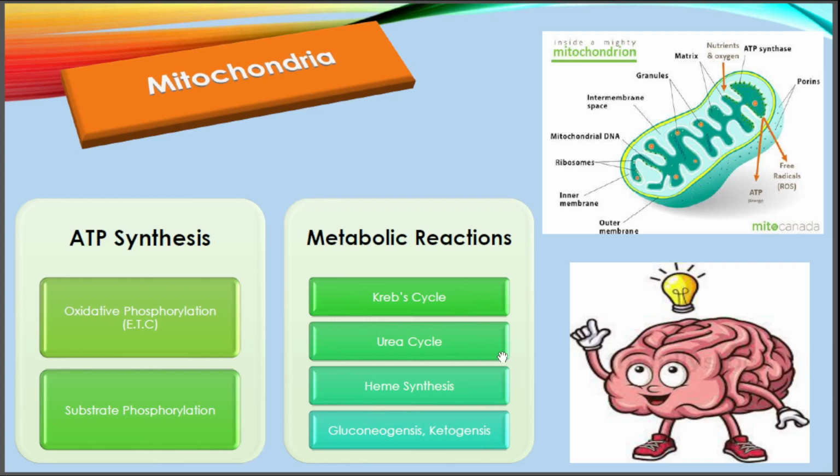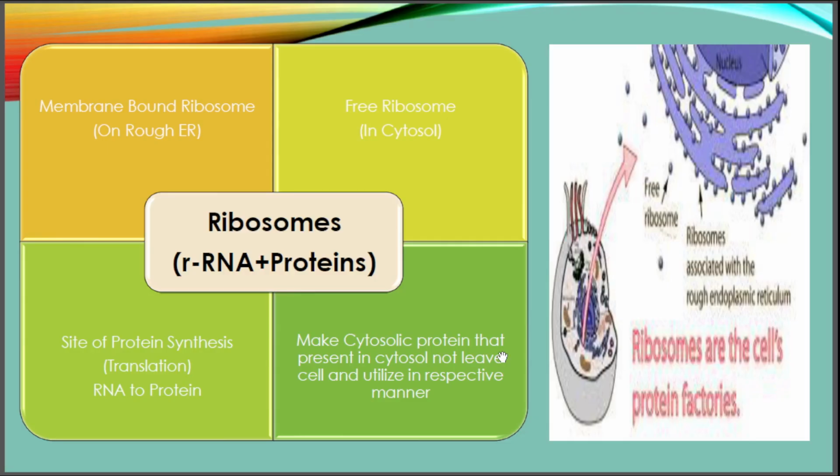So the next organelle we have is ribosomes. Ribosomes are a complex of rRNA and proteins which are synthesized in the nucleolus region of the nucleus. They are mainly of two types, the bound and the free ribosomes.